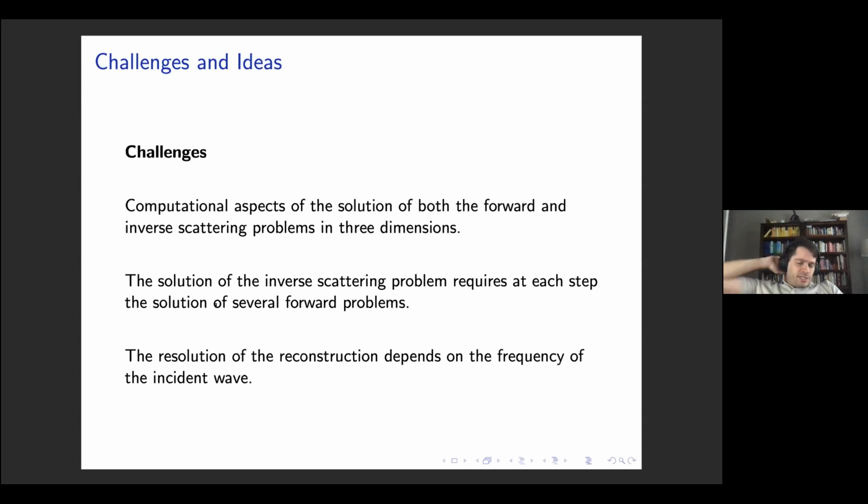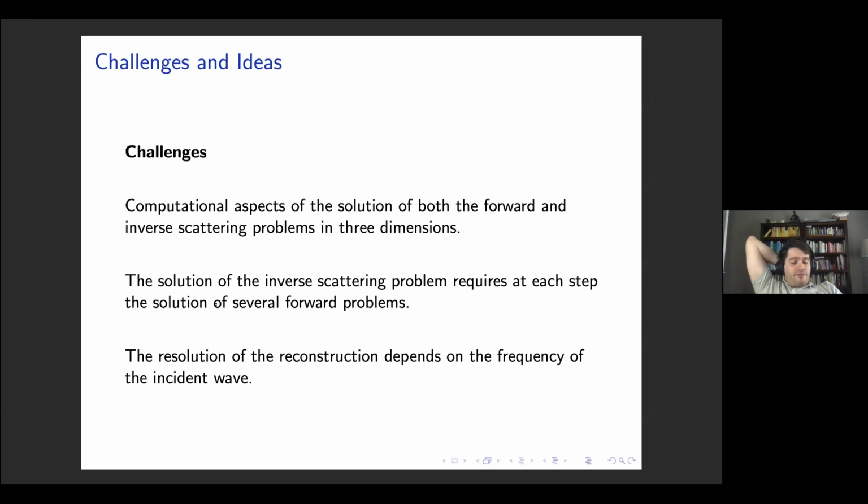A third important challenge is the resolution you want to reconstruct, because we are very limited by the frequency of the wave that is impinging on the obstacle. If your wave has a very small frequency, you cannot get a lot of detail.